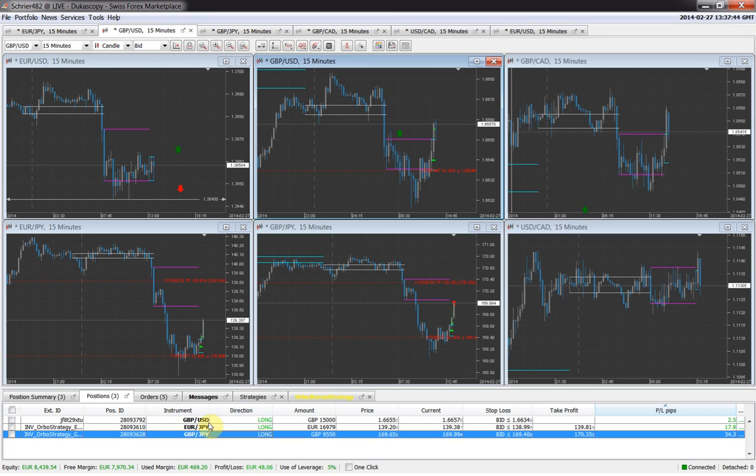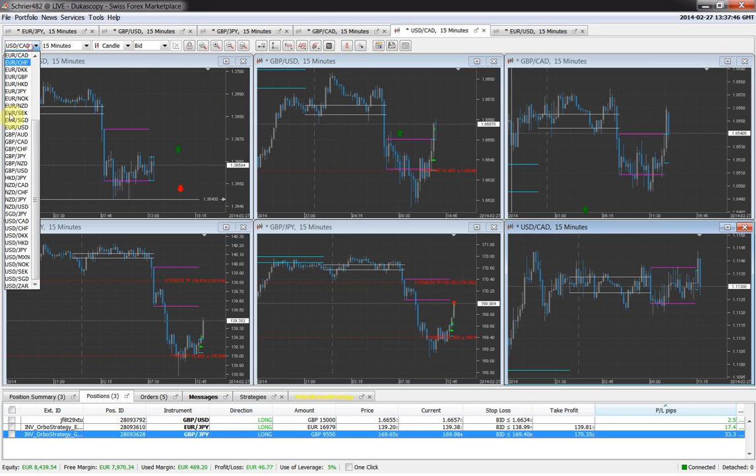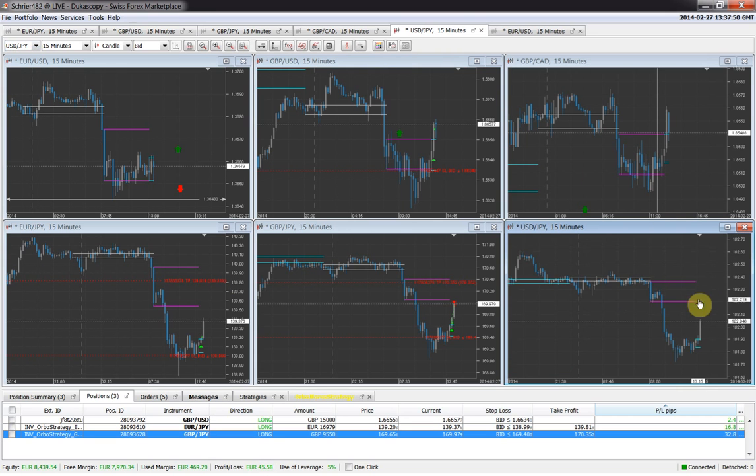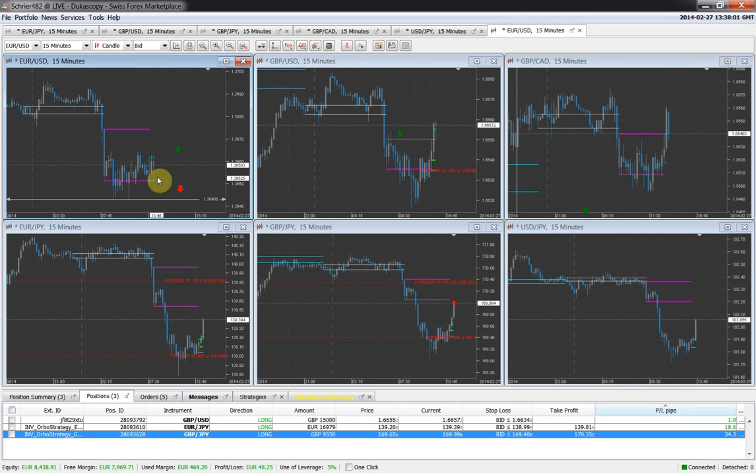Pound dollar is hesitating. Let's see dollar yen how it's moving. Dollar yen is moving a little bit. 12 pips. Euro dollar. Vera, you asked why I didn't take euro dollar. Look at it. It's not going anywhere. We are seeing some reversals.